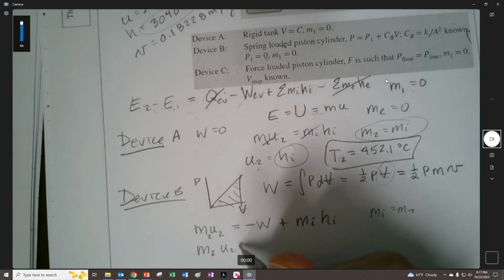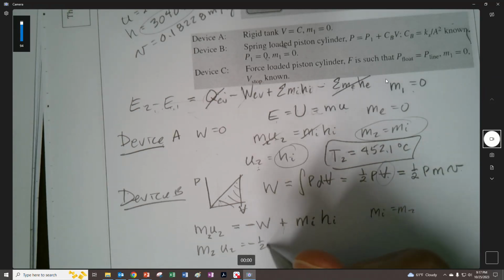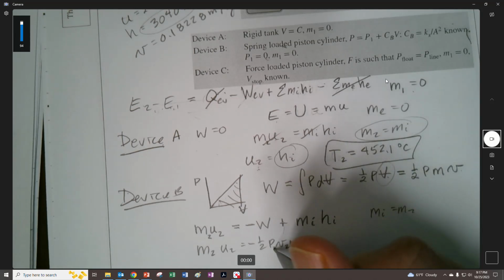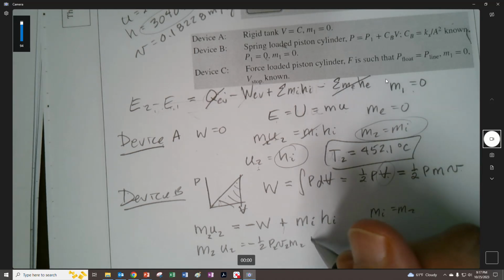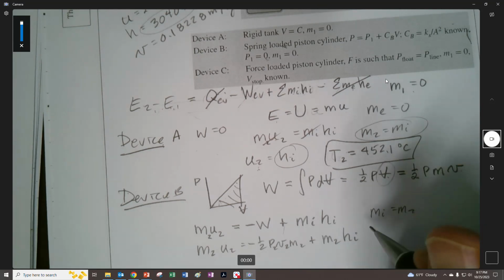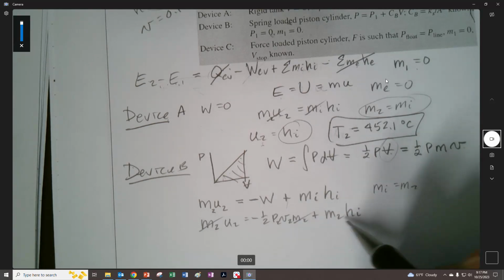So U2 is equal to negative 1/2 P, V, M, and this is 2, plus M2H coming in, right? So all these M's cancel out.